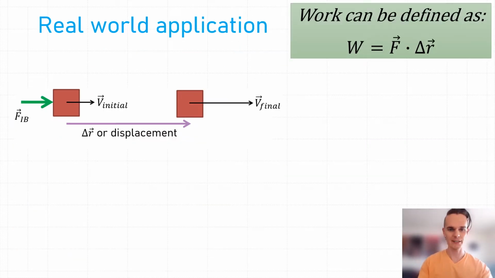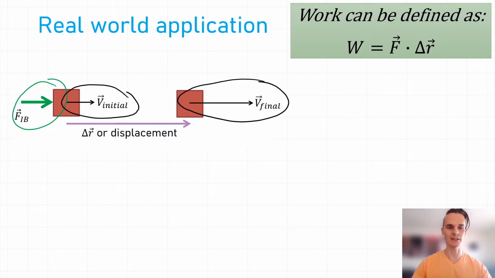In our first example here, we're going to examine the force that Ian exerts on the box in order to determine the work that Ian does on the box. We also have our initial velocity vector for the box here and our final velocity vector for the box here, as well as the displacement vector for the box here.